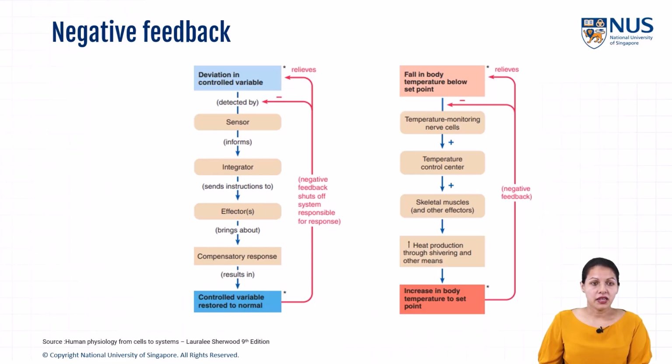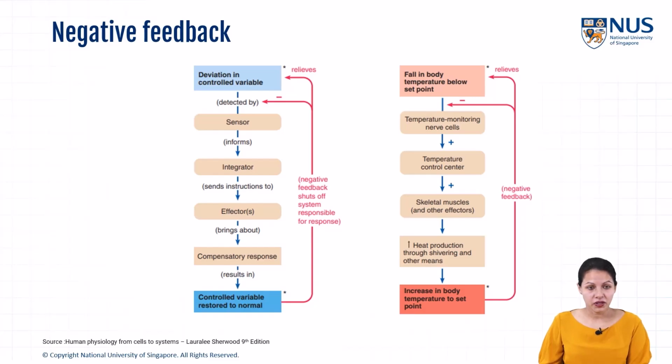When there is deviation in a control variable, it's detected by the sensor. It sends signals to the integrator, and the integrator sends instructions to the effector to make certain changes. When these changes occur, the control variable will return back to normal.